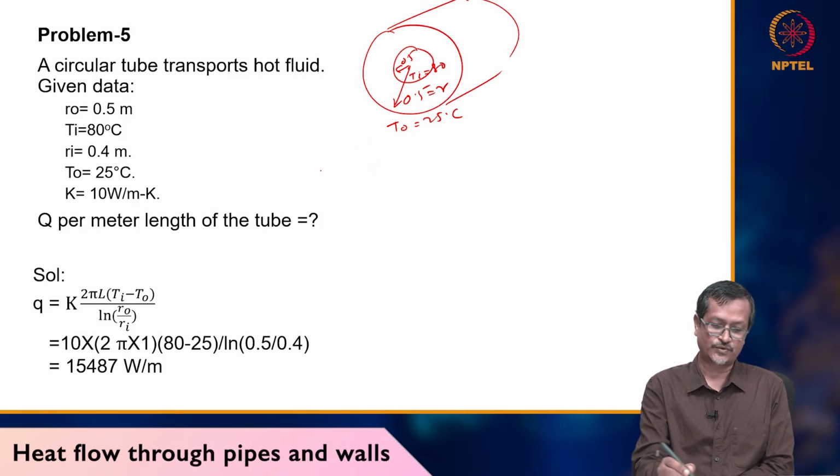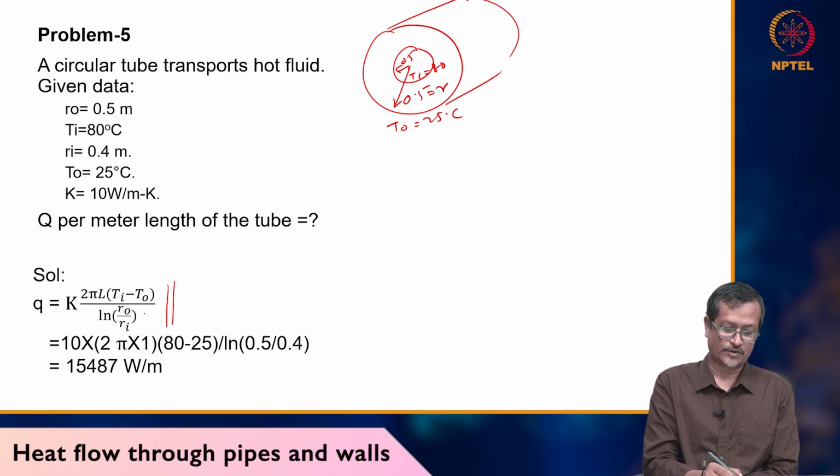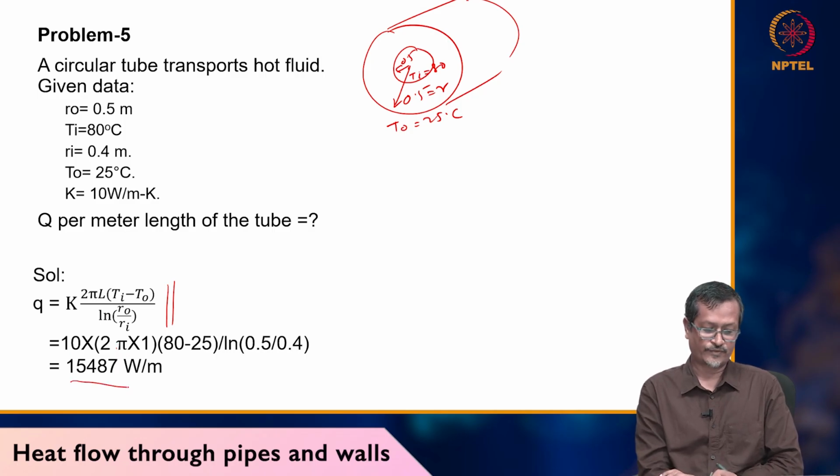So, for Q you have to use the formula 2 pi L (Ti minus To) over log Ro by Ri. If you put the values directly into the formula, you can get 15487 watt per meter. Okay.